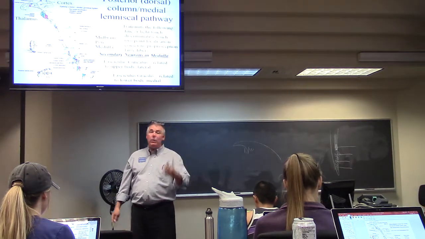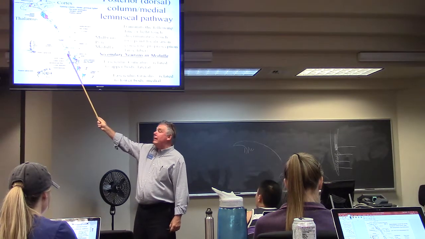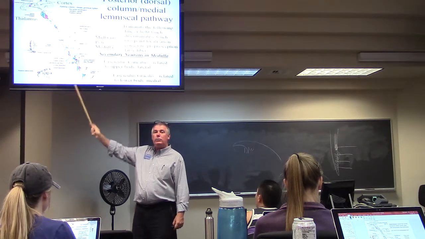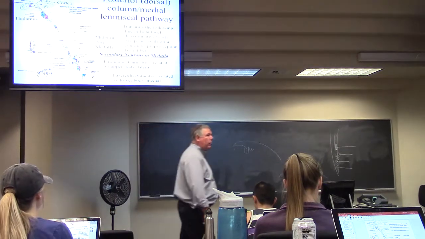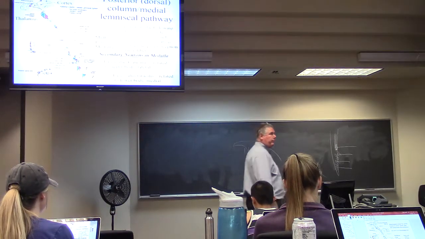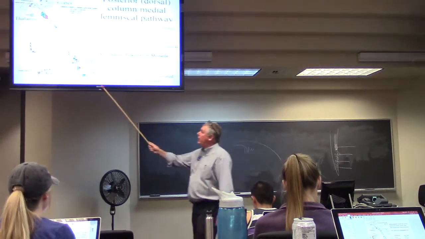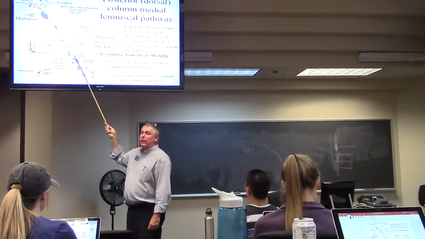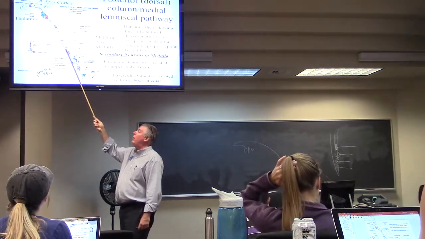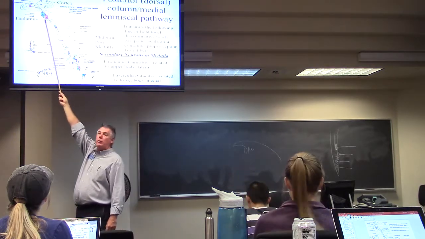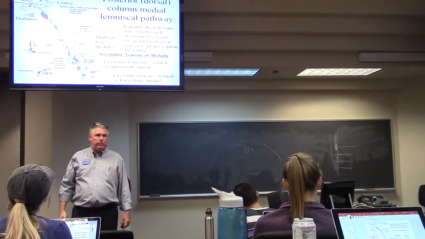Remember, it's the second order that crosses the midline and ascends in a structure called the medial lemniscus. So touch comes in, stays on the same side, synapses in the medulla, second order crosses, ascends in the medial lemniscus to the VPL nucleus of the thalamus, third order goes to the sensory cortex, area 3-1-2.